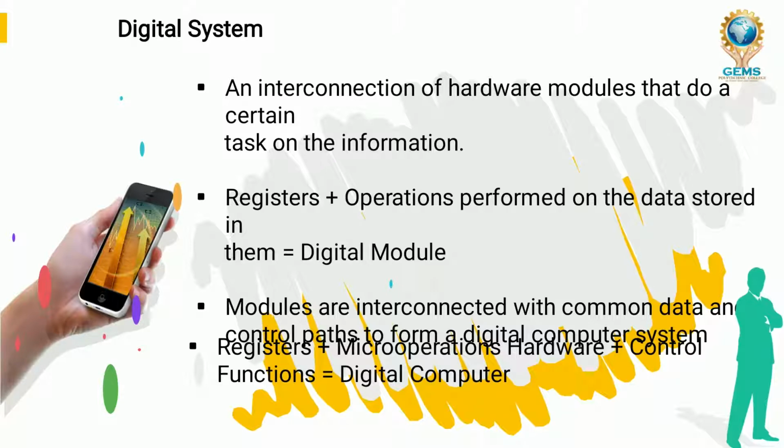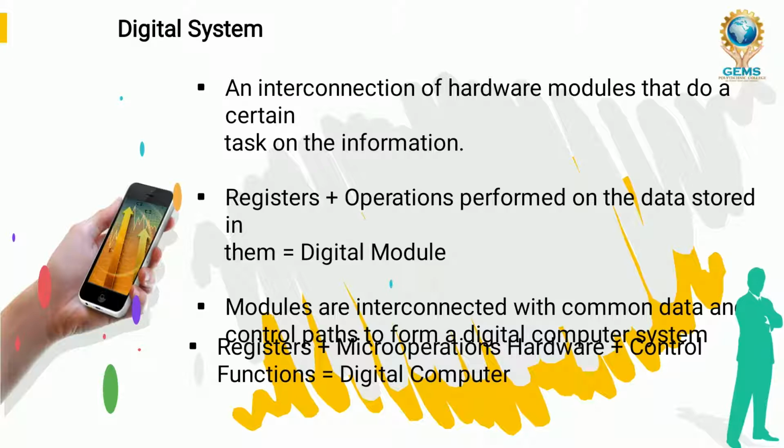The hardware components are interconnected: motherboard, speakers, printer, monitor, keyboard, mouse, memory, RAM, ROM. These interconnected hardware components do some operations on data.